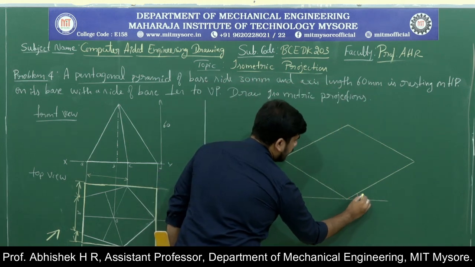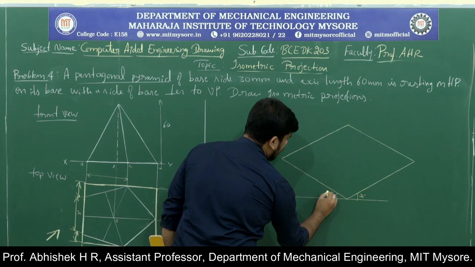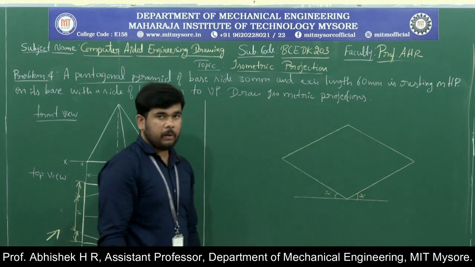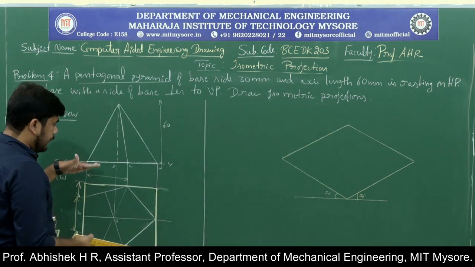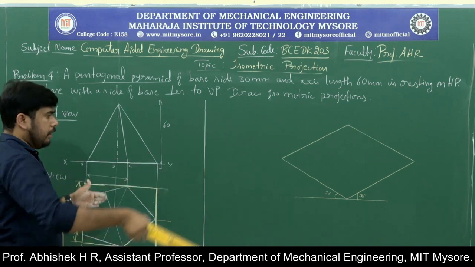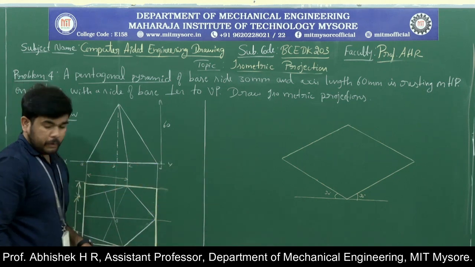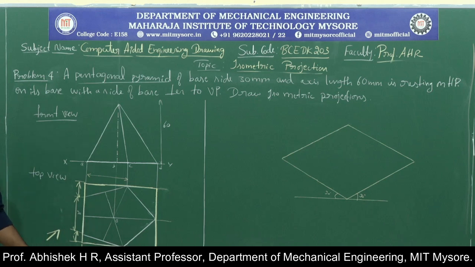So in your isometric sheet, the lines are aligned at 30 degrees only, correct? So I have just tilted this square in the 30-degree direction. Okay. Now I'll measure these dimensions.